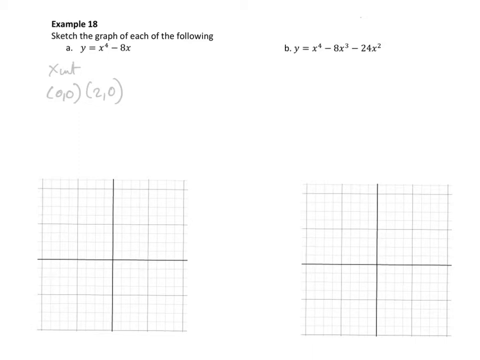Now the trend of this graph, again you've got a positive there, so the trend would be an upright graph. So y-intercept, there is nothing there, so that is 0, 0. So you're not dealing with a lot of information here. You know 0, 0, and you know 2, 0. So let's make that 2 and 4. So this is going to be 2, 0.